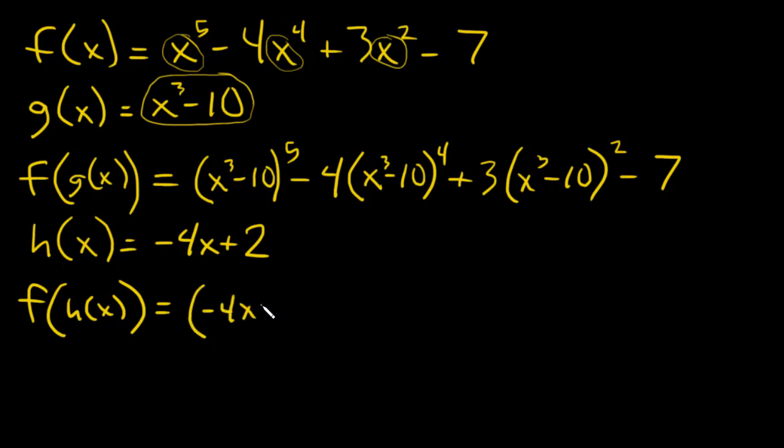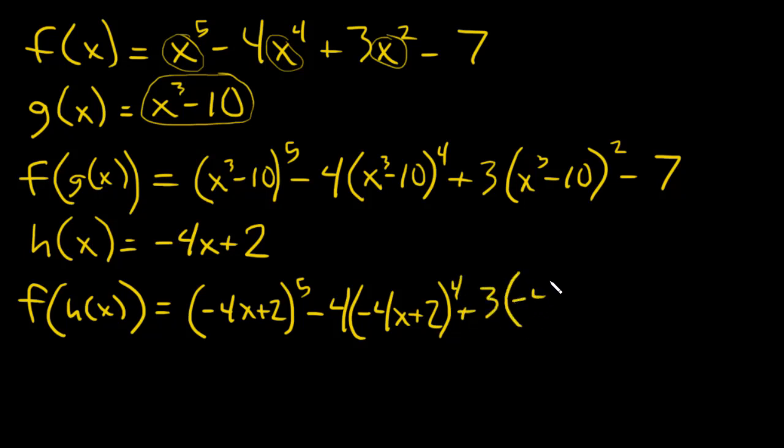Negative 4x plus 2 to the fifth minus 4 times negative 4x plus 2 to the fourth plus 3 times negative 4x plus 2 squared minus 7. What changed? The middle of my composite function changed. We went from g of x, which had everything as x cubed minus 10, to h of x down here, and h of x was negative 4x plus 2.